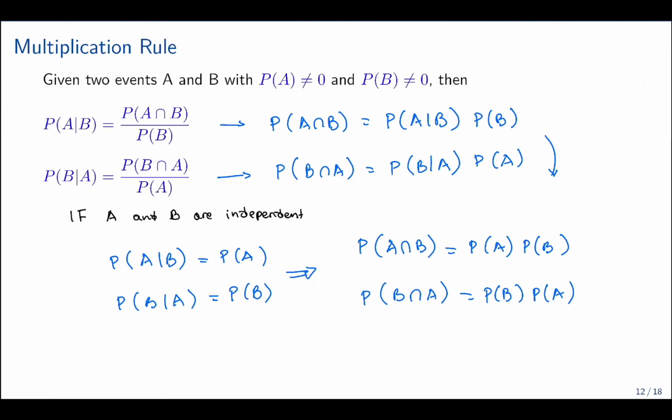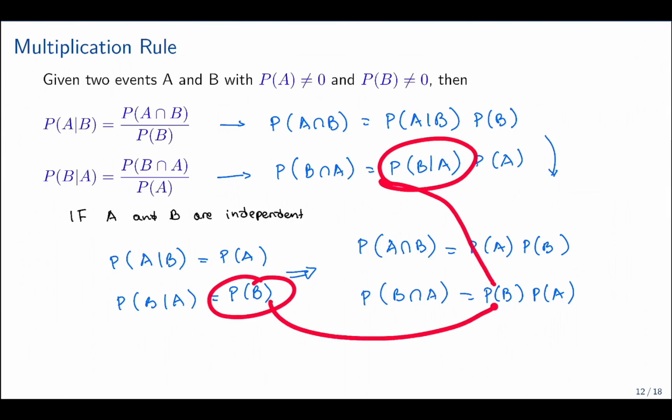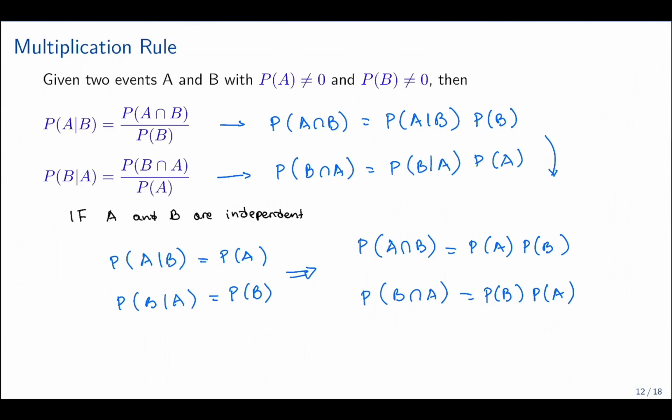And in the second case, the probability of B intersected A is equal to the probability of B given A, which is equal to the probability of B multiplied by the probability of A. So what we have is that the probability of the intersection is equal to the multiplication of the probabilities of each one of the events, if the events are independent.